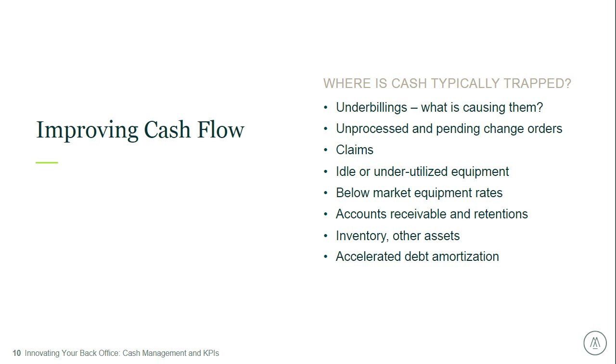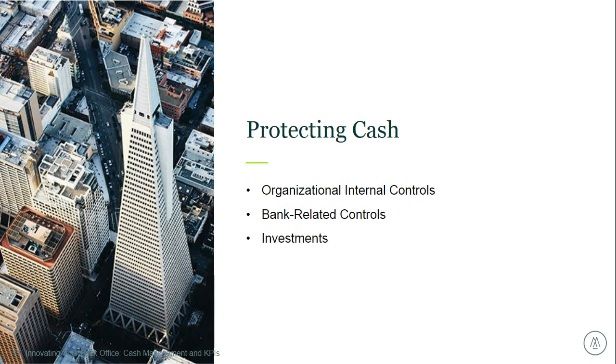And accelerated debt amortization: rates continue to be at or close to an all-time low. So if you're prepaying debt or accelerating those debt payments, is that in the best interest of the company from a cash perspective?